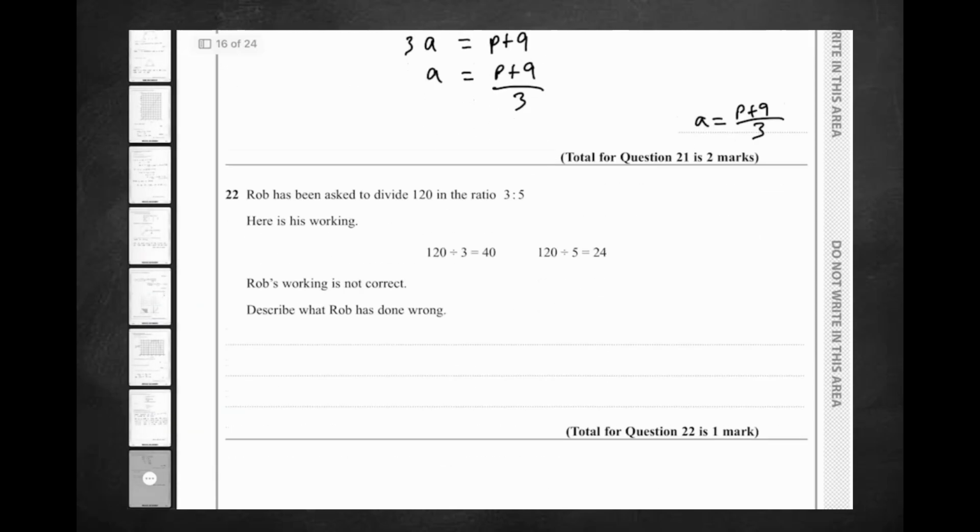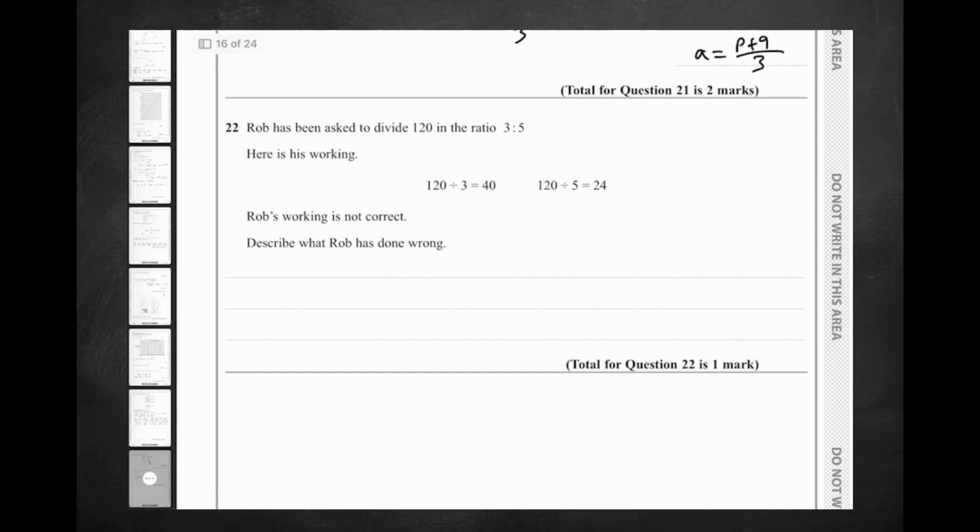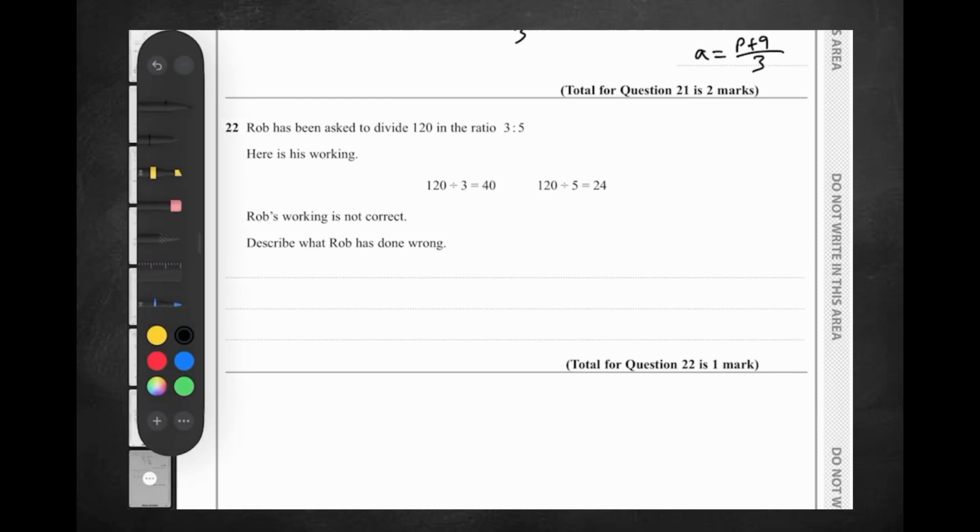Question 22. Rob has been asked to divide 120 in the ratio 3 to 5. Here is his working. 120 divided by 3 equals 40. 120 divided by 5 equals 24. Rob's working is not correct. Describe what Rob has done wrong.